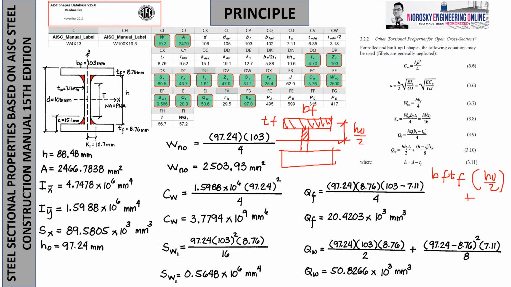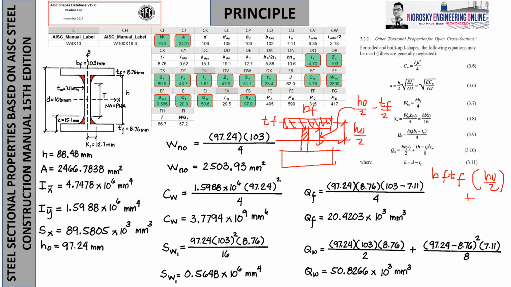the portion of the web, which is equivalent to that H sub naught. As we can see, H sub naught over 2 minus T sub F over 2 also, since it is half, so TF over 2.